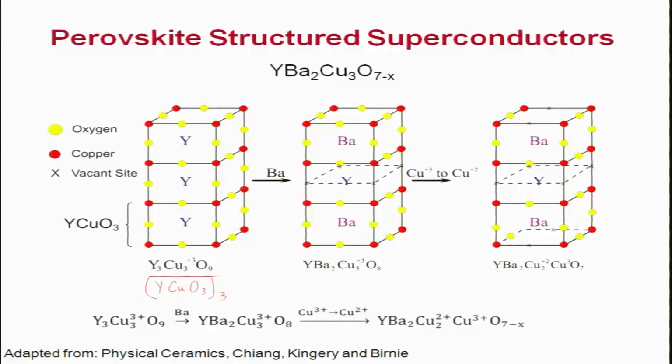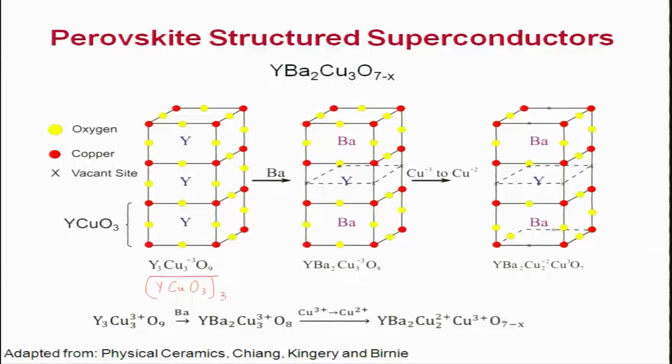You further reduce some Cu3 plus to Cu2 plus, so that it becomes YBa2Cu3O7, with 2 Cu2 plus and 1 Cu3 plus, and as a result oxygen becomes 7. When you do that, the reduction is not complete, it is not stoichiometric.